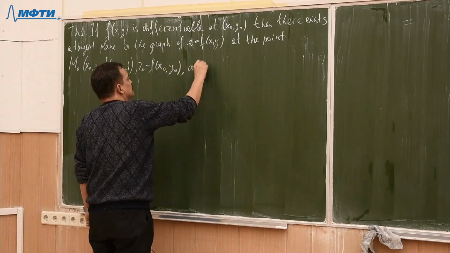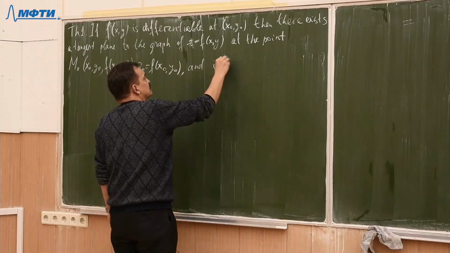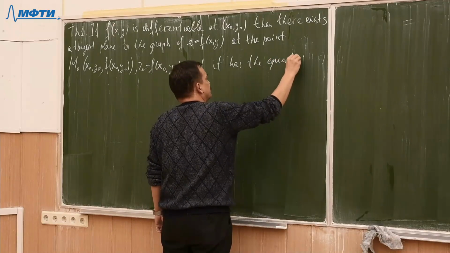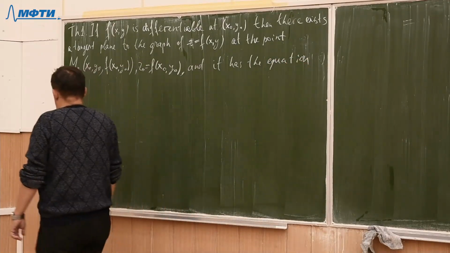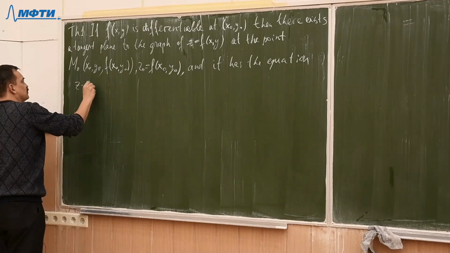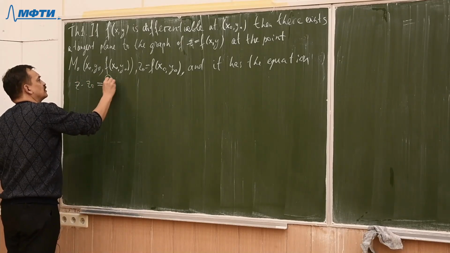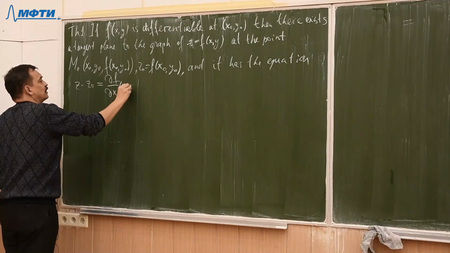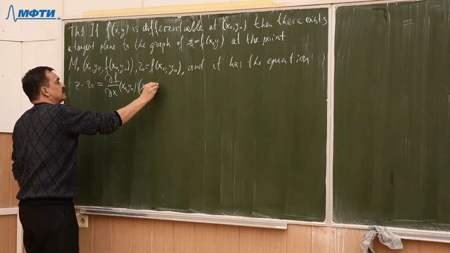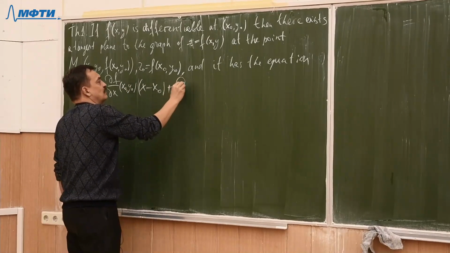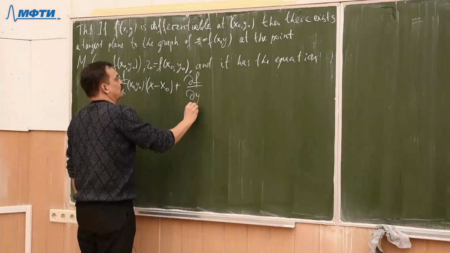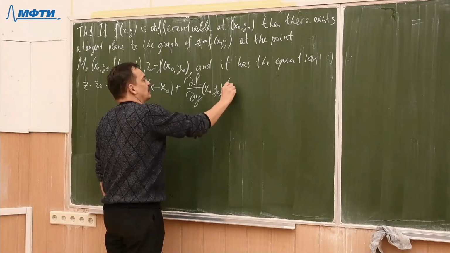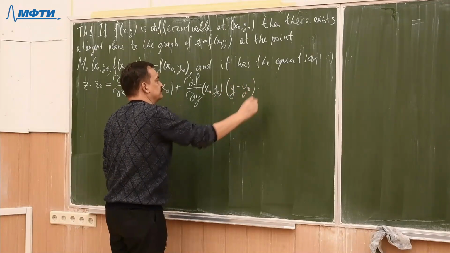And it has the equation z minus z naught equals the partial derivative of f with respect to x at x naught, y naught times x minus x naught plus the partial derivative of f with respect to y in the same point times y minus y naught.